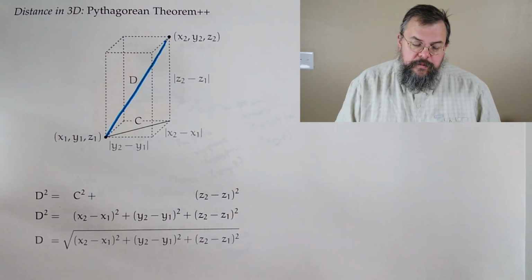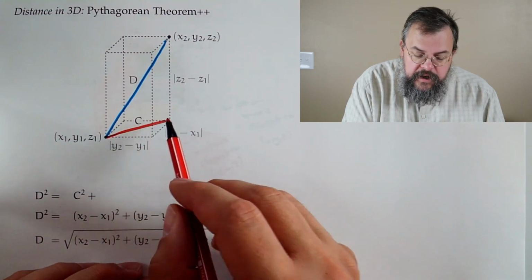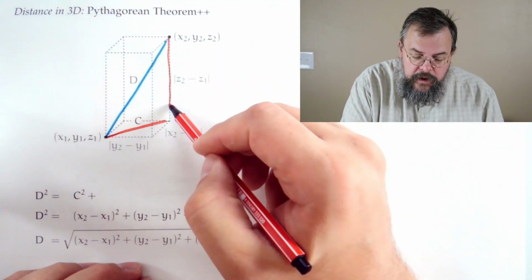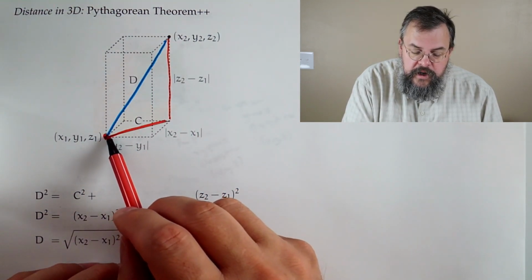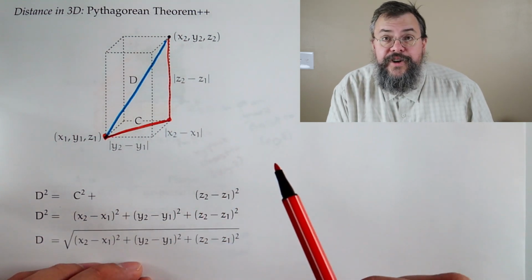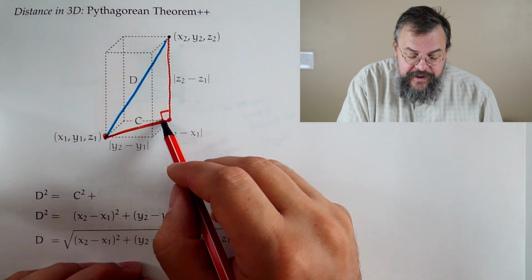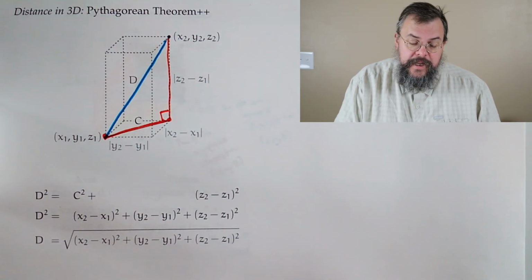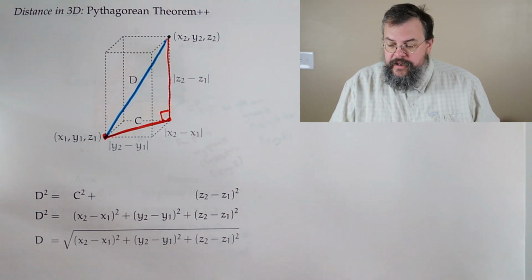So we say, all right, what can we do there? Well, let's put a triangle in place. We're going to put a triangle here, where we take our box and go from one corner to the opposite side of the face, and it's not just any triangle, it's the right kind of triangle. All right, so there's our right triangle. And now we say, all right, what about this new triangle that we've created?